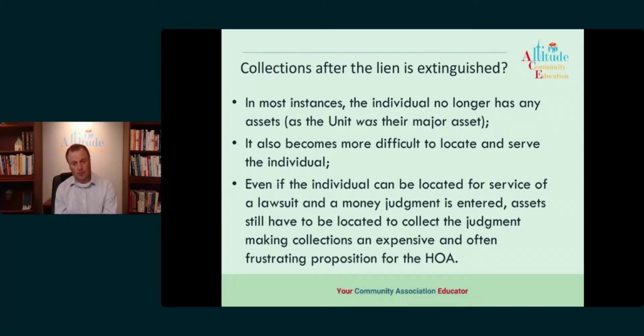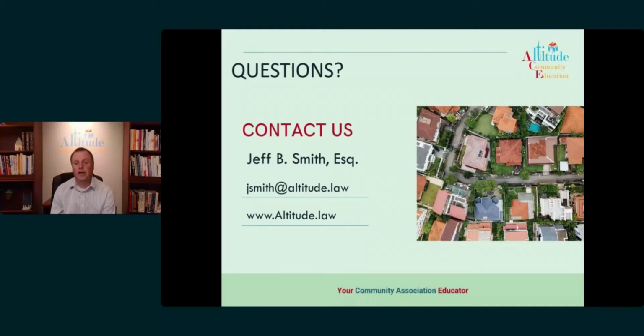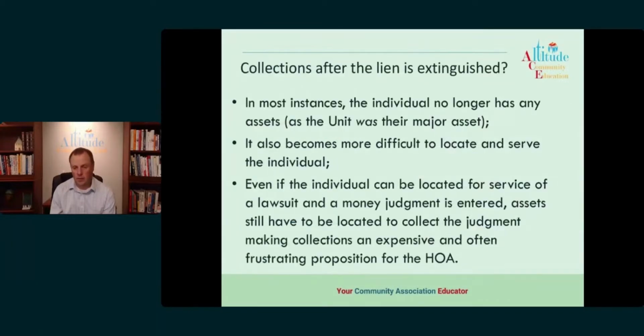And with the high dollar amount that we're talking about, the likelihood is you're not going to see that money. It's an unfortunate proposition for the HOA, but that's what happens from time to time. If people don't have money, you can't get blood from a turnip, so you can only do so much. All right, that is the end of our presentation.